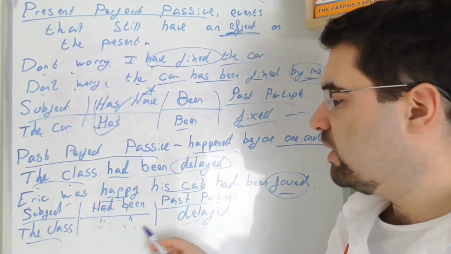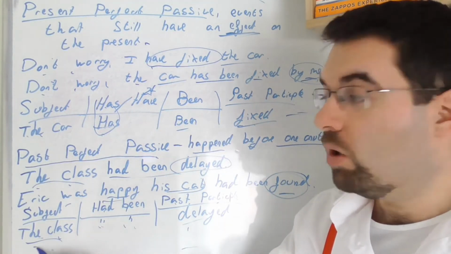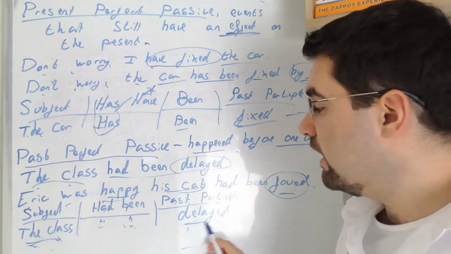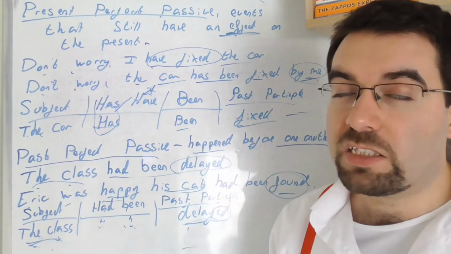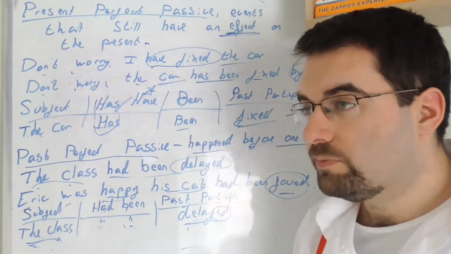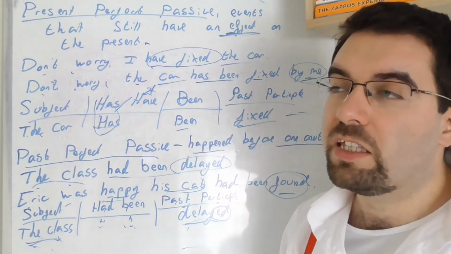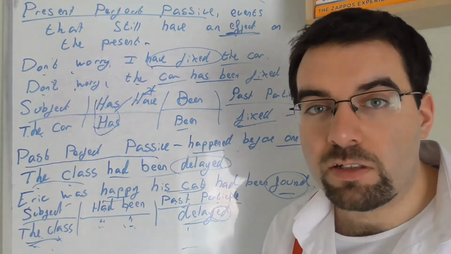The class had been delayed. The flight, the airplane from the airport. The flight had been delayed, with the ed, the past participle, the past tense conjugation of the verb. Delayed. Found. Let's think, what else could go with delayed? Found. You could say lost even.